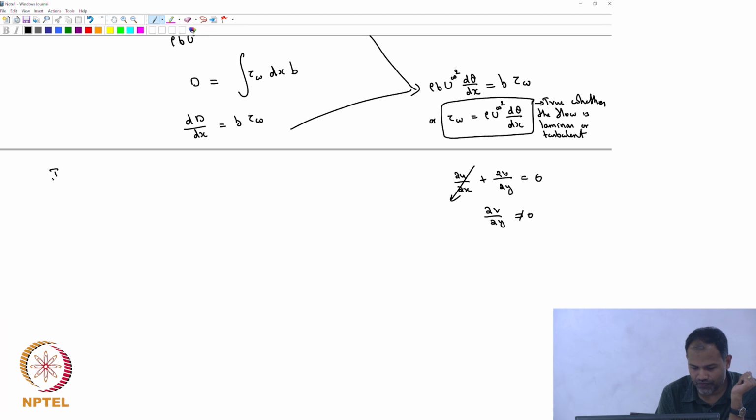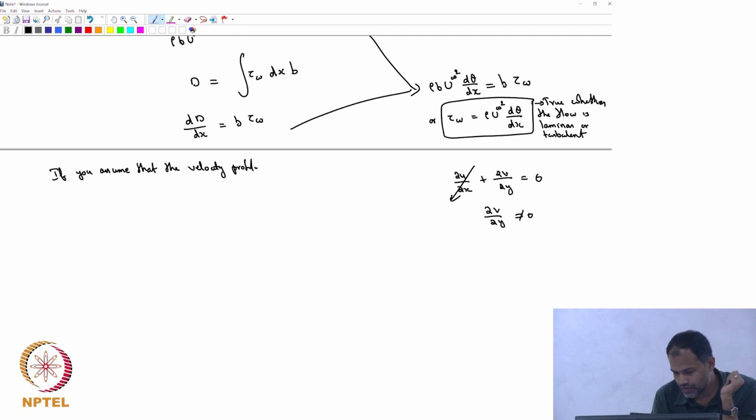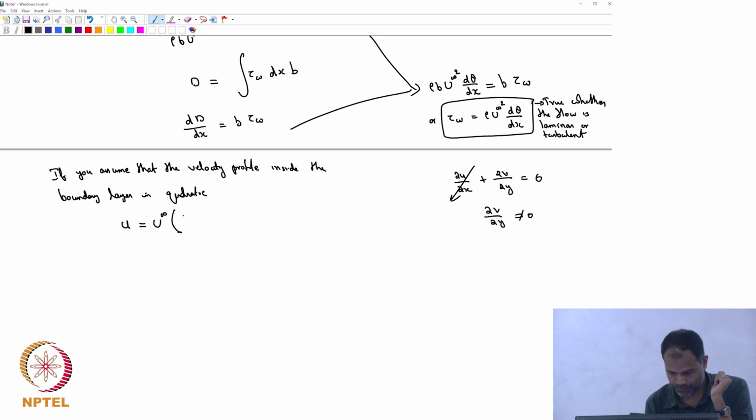So you would assume that u is given by u infinity times (2y by delta minus y squared by delta squared). We are hypothesizing this form, and it is quadratic in y.